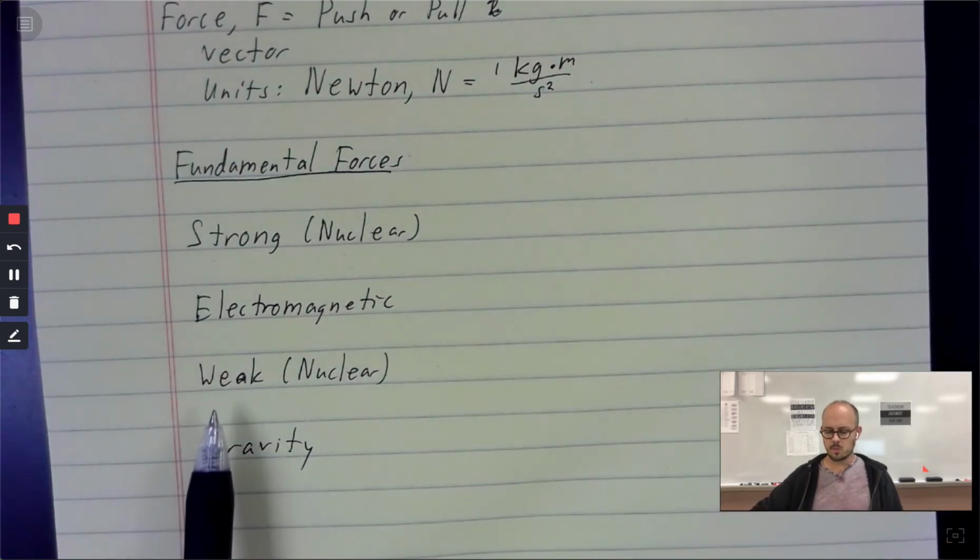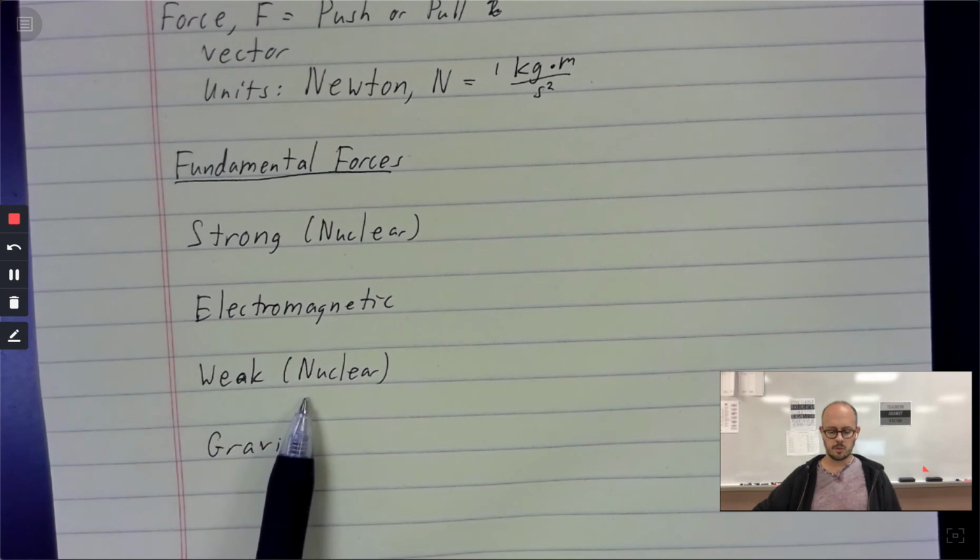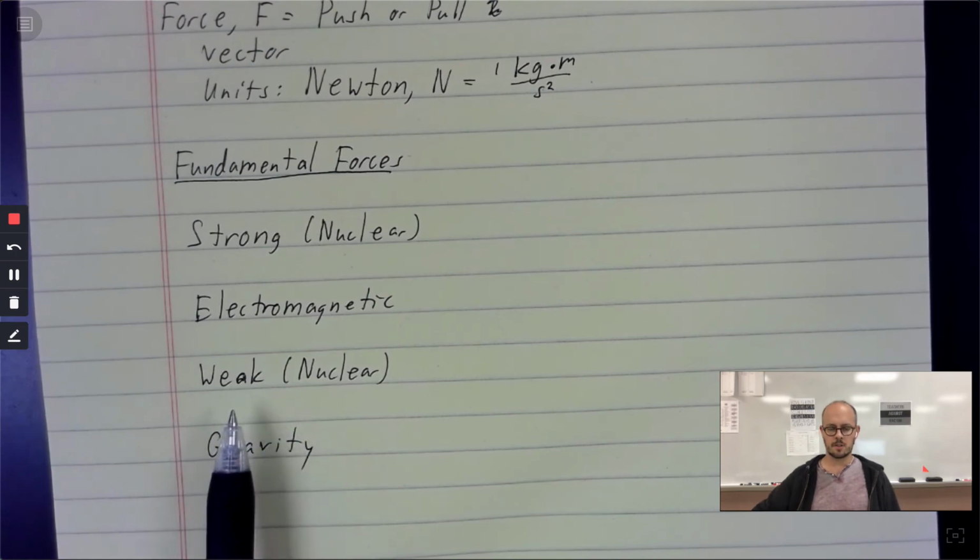Next in the line is the weak force, which was called the weak nuclear force. This is the force that also happens inside a nucleus that determines a rate of nuclear decay for an isotope. So this is the force that governs radioactivity. It also has a really short range. It doesn't hold the nucleus together.